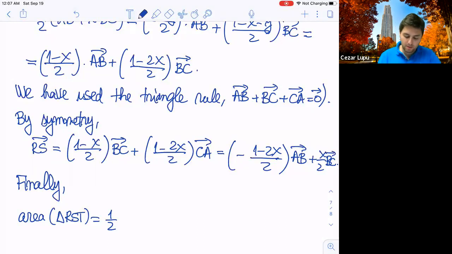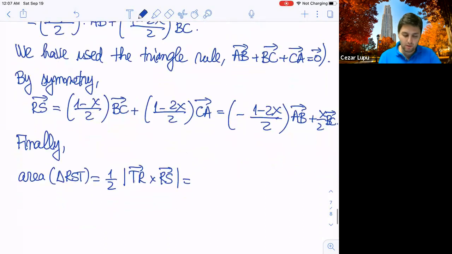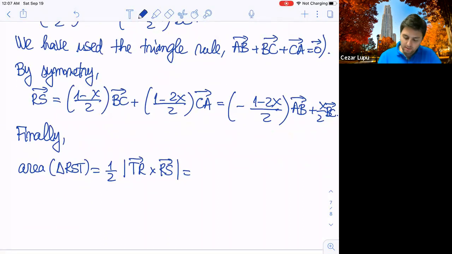So in other words, this will be the magnitude of TR vector times RS vector. If you know how to relate this, it will give us something like, well, I think I've done the computation somewhere.